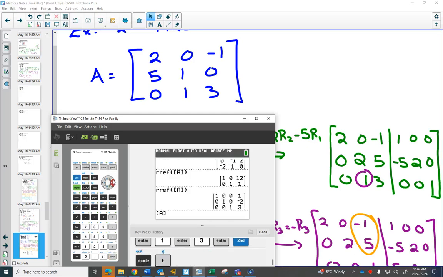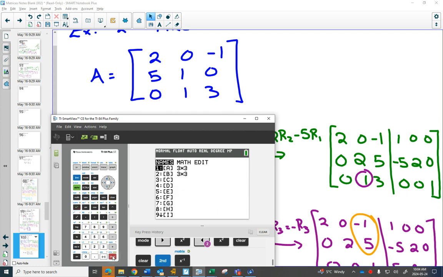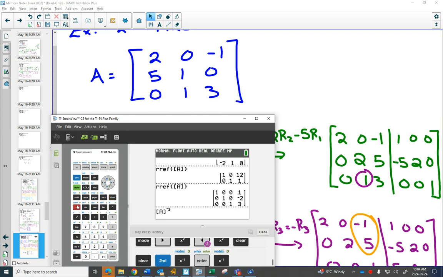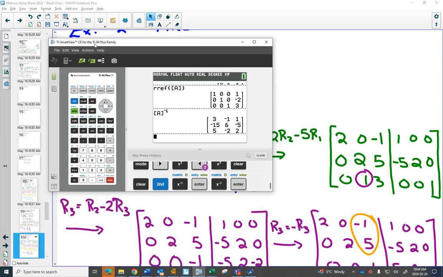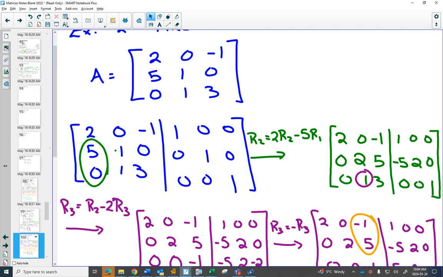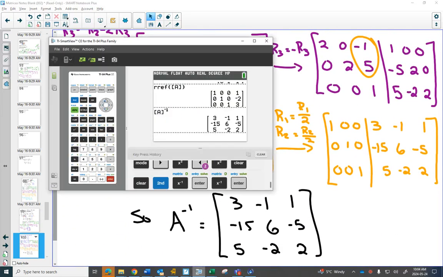So now if I go and do A inverse, A inverse. Oh, that's looking promising. I gotta scroll down. 3, negative 1, 1, negative 15, 6, negative 5, 5, negative 2, 2.